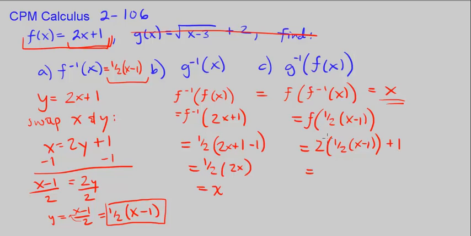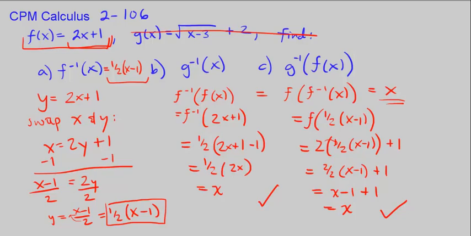The 2 can be multiplied in, and 2 over 2 is 1, so we get x minus 1 plus 1, and negative 1 plus 1 is just x. Again, we have verified that this is true. That's the inverse function of f.